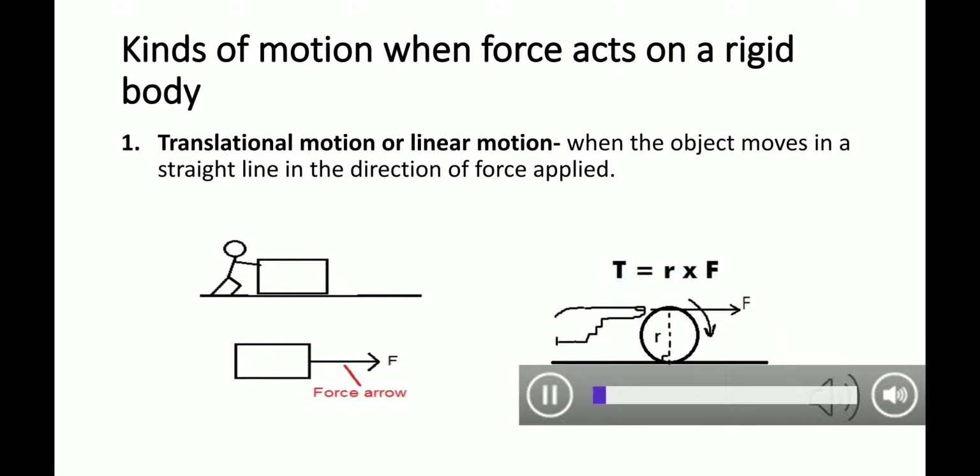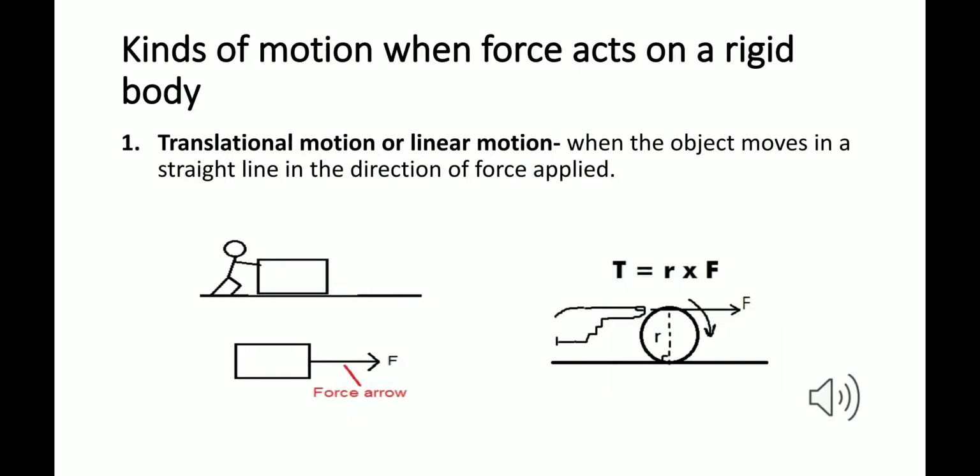So the first kind of motion is linear motion or translation motion. Now what is this? Suppose a body is there and force is applied on a body. The body is not fixed. The body can move in any direction and force is applied on this body.